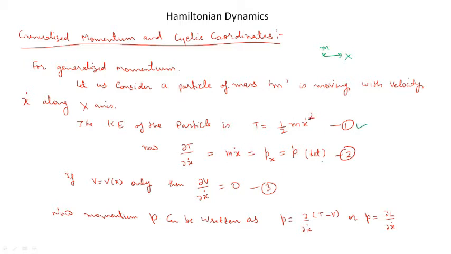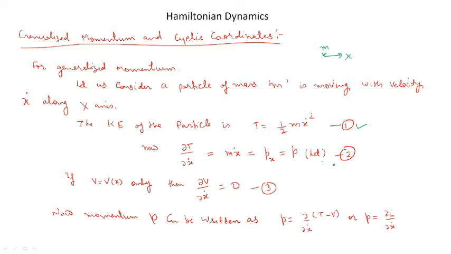Here x dot is the velocity of the particle along the x-axis. Now if we differentiate it with respect to x dot, then we find del T over del x dot. It comes m x dot, and we can write it as px. It is the x component of momentum. In more general form, we can say it is equal to p. Let us say it is equation number 2.